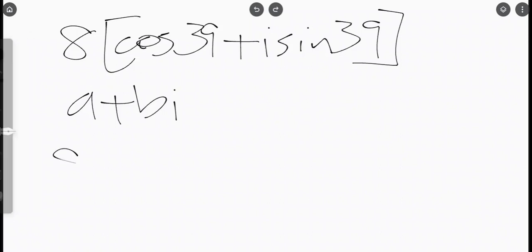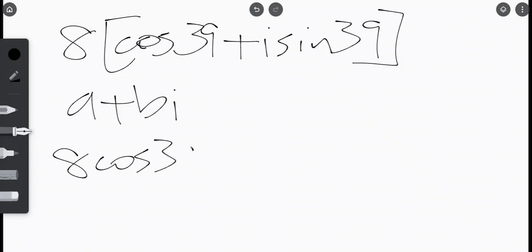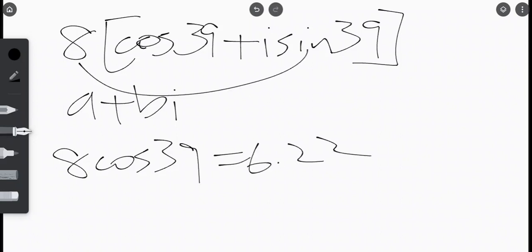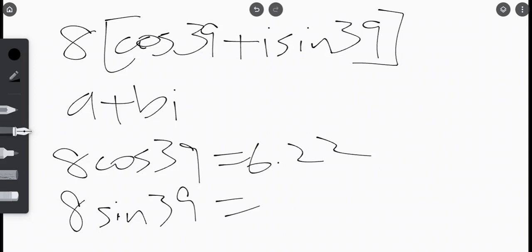So we have 8 times cosine of 39, which is 6.22. Next, we'll do 8 times sine of 39, which is 5.03.